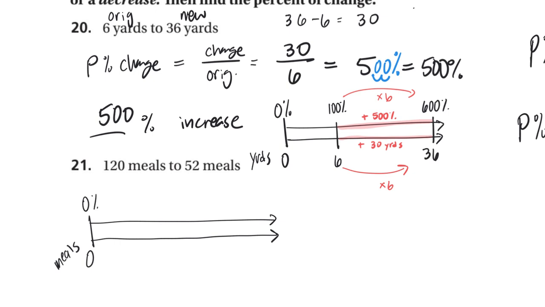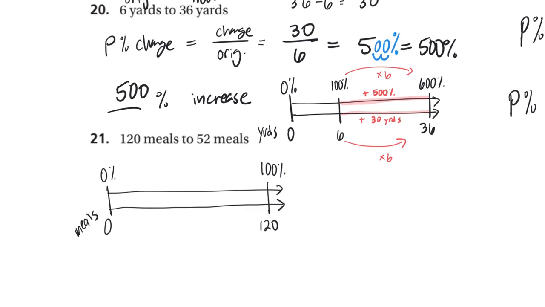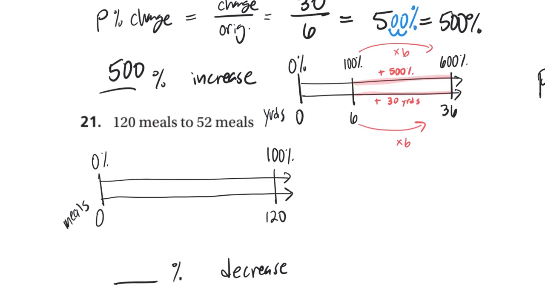And 120 was the full amount. It did shrink, so I'm going to put the 100% at the end since it did shrink. So 120. And we do know that it's a decrease, so it's some percent decrease. It was 120 and now it's 52.